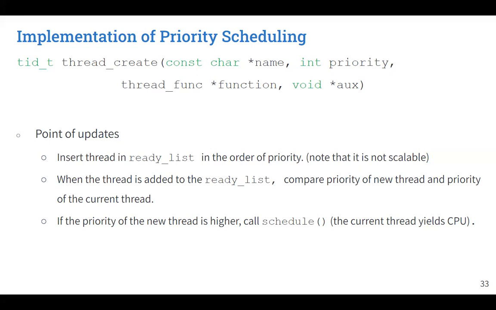The second point to update is that when the thread is added to the ready list, you should compare the priority of the new thread and the priority of the current thread and do preemption if necessary. For the preemption, you should call schedule, which means that the current thread yields the CPU to another thread.